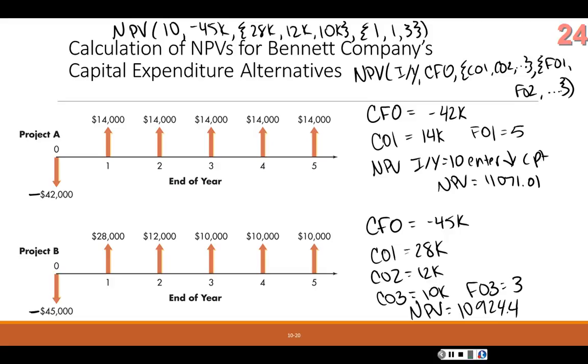Project A is better than project B because it has a higher net present value. $11,071 is greater than $10,924, so we would choose project A. So the rule is that if projects are independent, we accept projects if they have a net present value greater than 0. If they're mutually exclusive, we accept the project with the highest net present value.